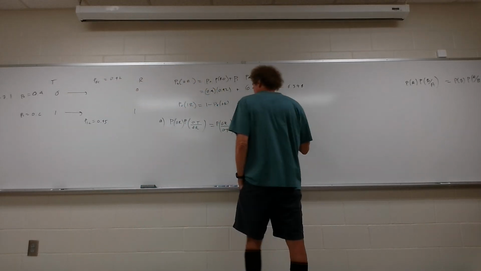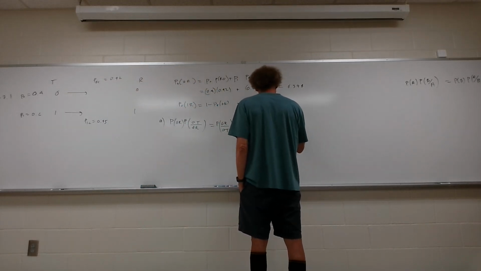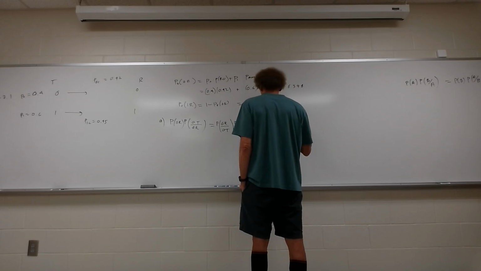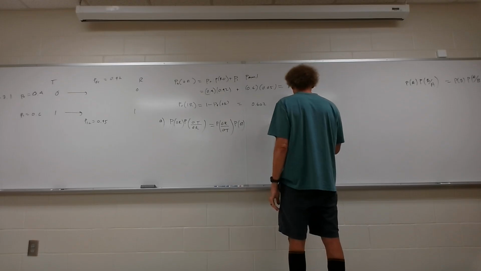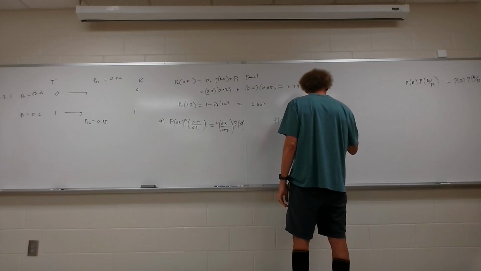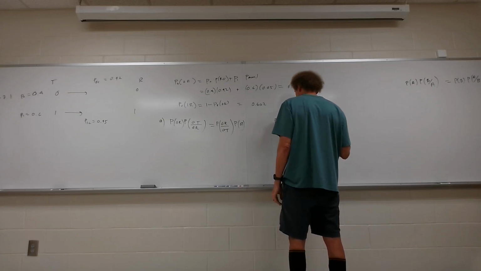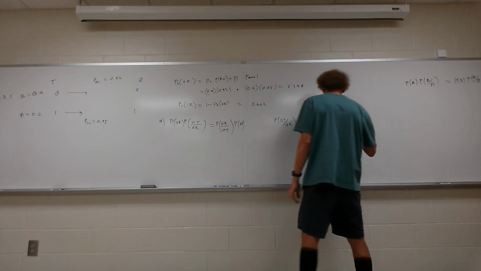So for this one, I want P of 0 transmitted given 0 received, and in this case, I'll put it up one time and I'll put the numbers in. P of 0 received given 0 transmitted, times P of 0 transmitted, over P of 0 received, and finally I'll put the numbers in.